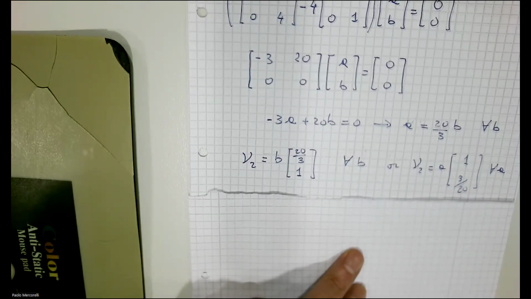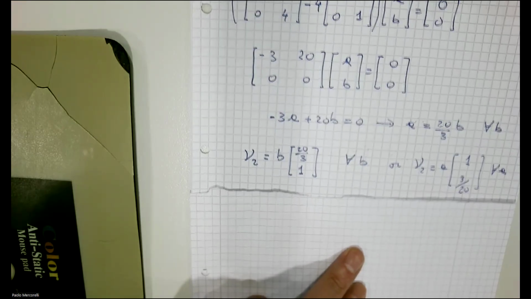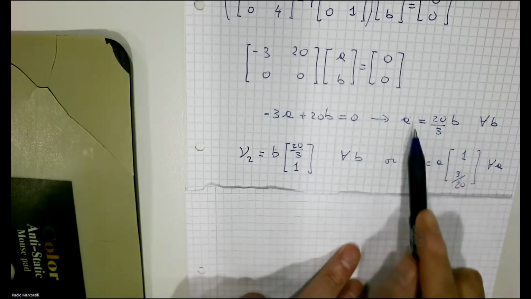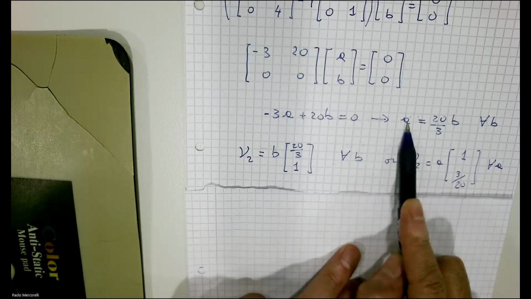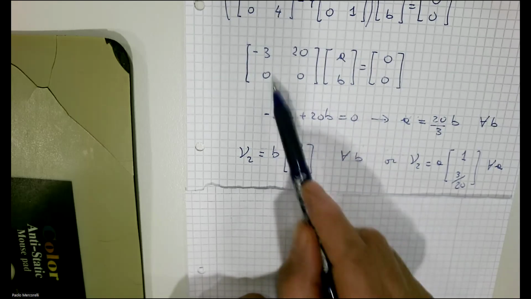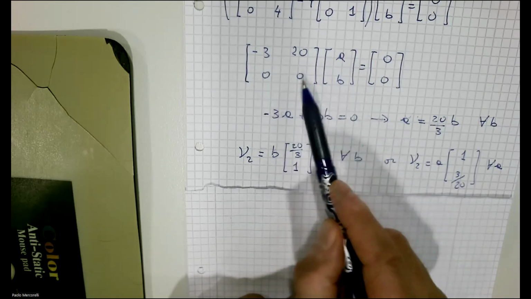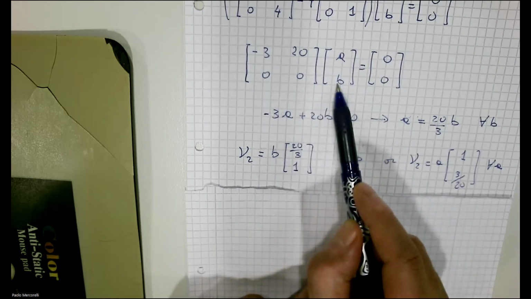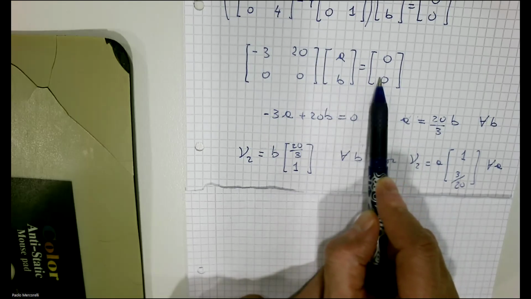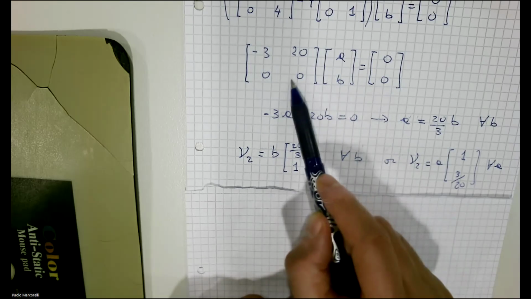But we are in a case, somehow, a little bit different from before, but we can see this. This is the unique condition, because 0 multiply A plus 0 multiply B equals 0 is automatically satisfied for each A and each B, because we have 0 equals 0.